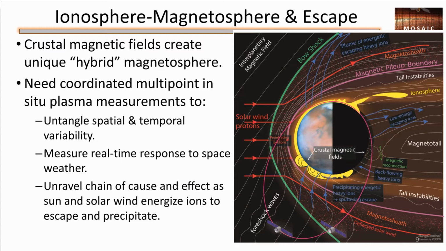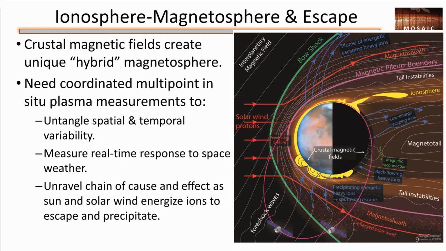And while the MAVEN mission has certainly provided a wealth of new understanding, its plasma measurements are fundamentally limited by its single platform. So we need to make these measurements that are both coordinated and also multi-point to untangle spatial from temporal variability, to measure the response of the system, for example, the rate and pattern of ion escape to changes in upstream solar wind conditions, not with a time lag of an hour or more like we're stuck with a single orbiter, but in real time.